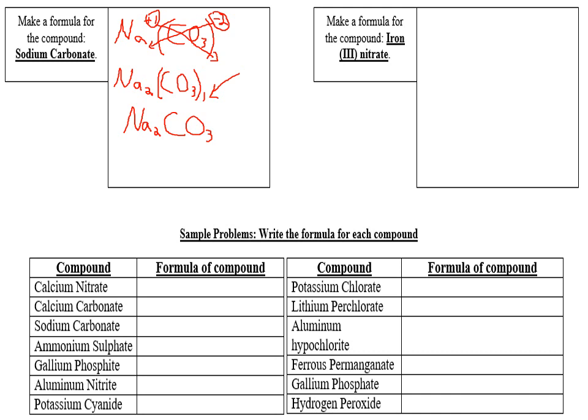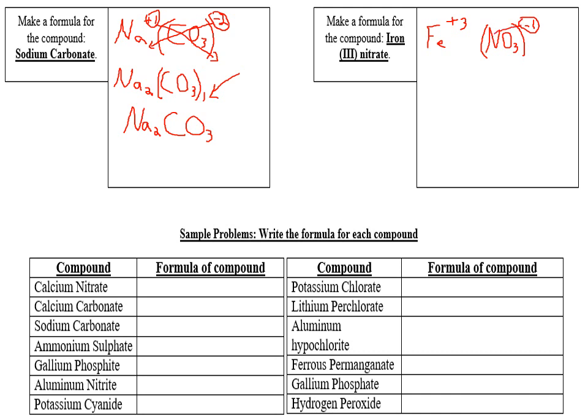For iron 3 nitrate, we have Fe plus 3, nitrate, put it in brackets except for the charge, which you leave outside of the brackets to make available for crisscrossing, minus 1.